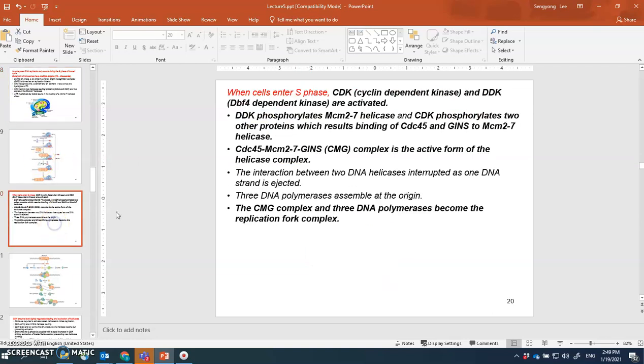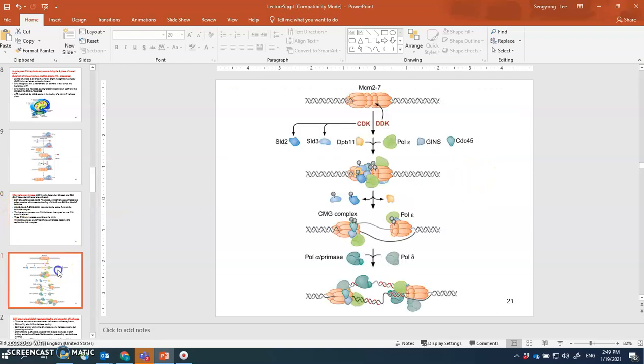So where are we? Right here. The CDC45-MCM2-7-GINS complex is the active form of the helicase complex. Then the interaction between the two DNA helicases is interrupted as one DNA strand is ejected.